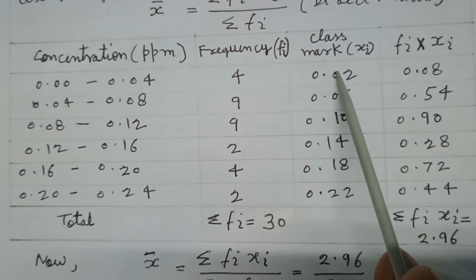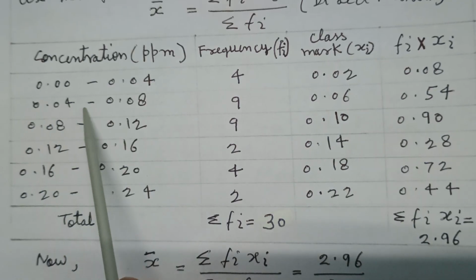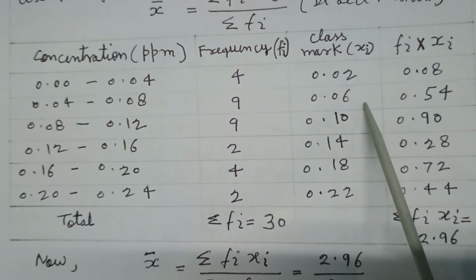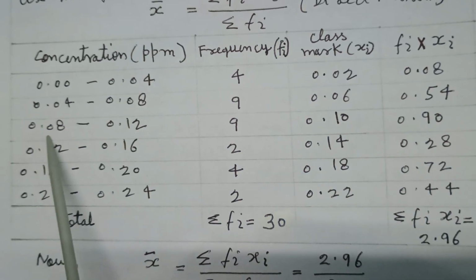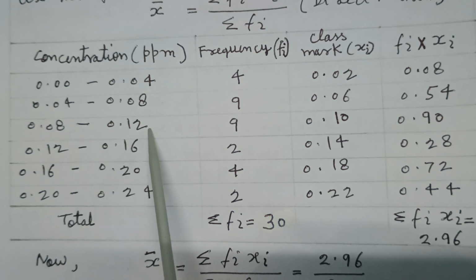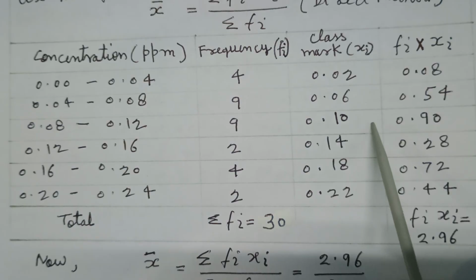So the class mark is 0.02. And 0.04 plus 0.08 divided by 2, the class mark is 0.06. And 0.08 plus 0.12 divided by 2, the class mark is 0.10.